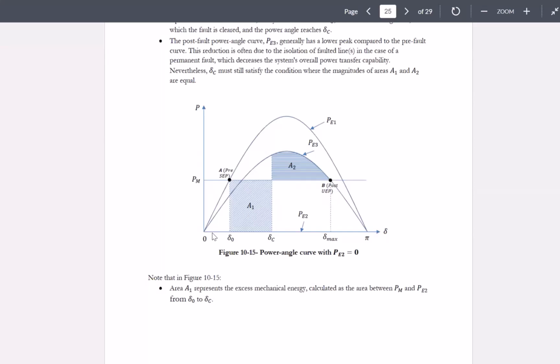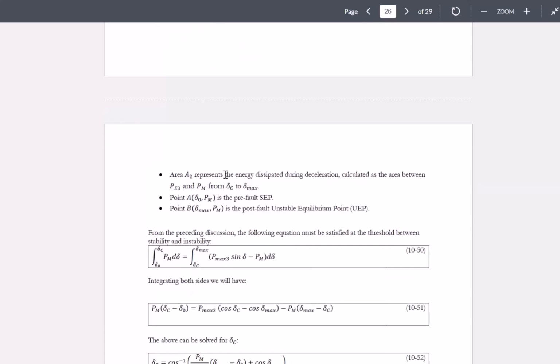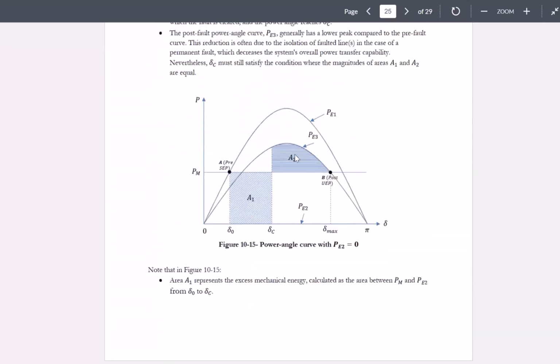Look, PE2 is really this line, right? It's not a curve anymore because PE2 is 0. From delta 0 to delta C. And then area A2 is representing the energy dissipated during deceleration, calculated as the area between PE3 and PM from delta C to delta max.